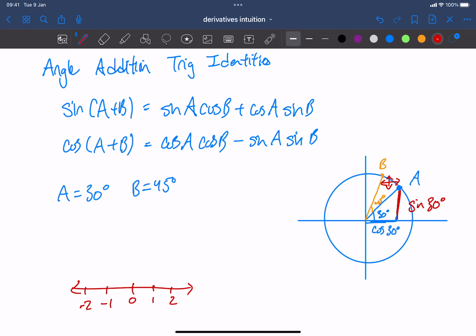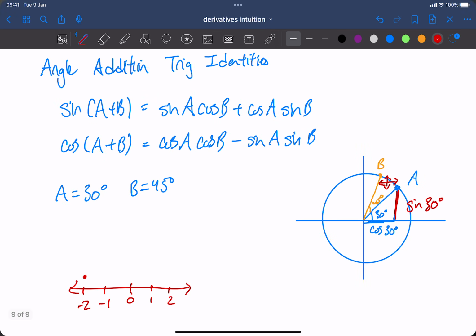Starting at -2, we go to point B by adding 1, and then from B to A we add another 2. Notice how it's completely linear and one-dimensional. But here it's two-dimensional. The point goes a little bit up vertically and also a little bit to the left horizontally, so the horizontal and vertical components are both changing.